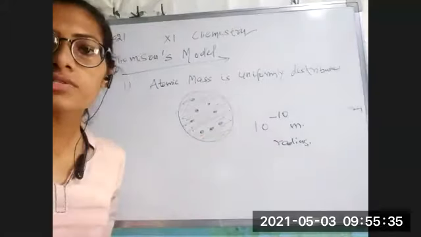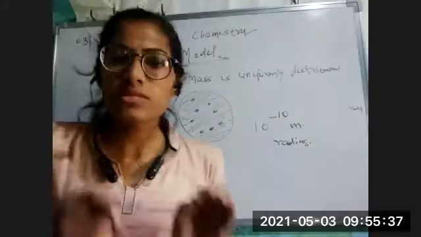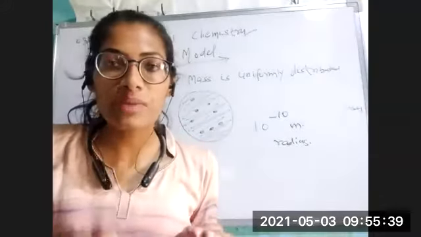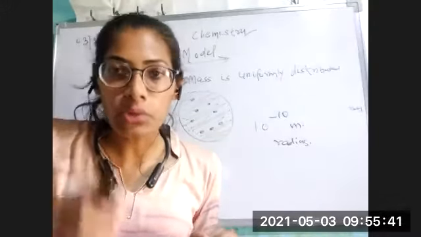These small dots show that the electrons are put somewhere just to maintain electrical neutrality.